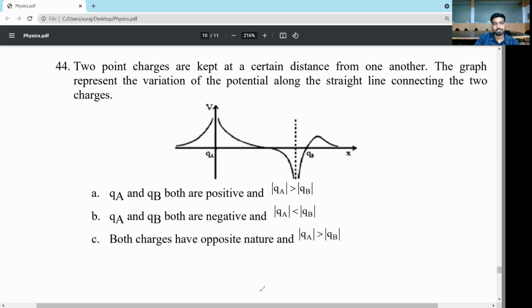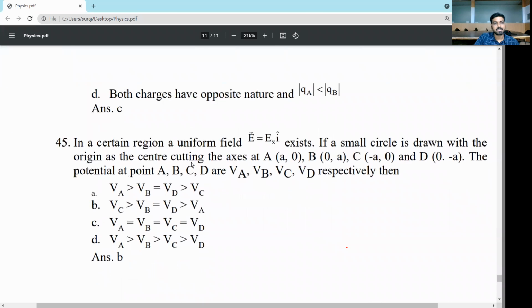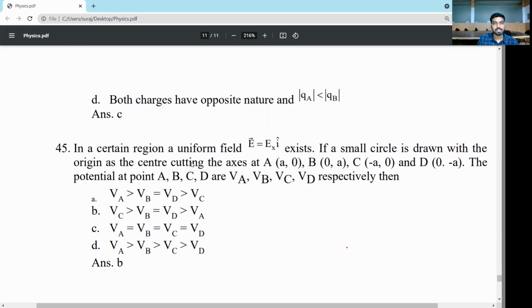Coming to 45. In a certain region, a uniform field E vector equals Ex i cap exists. A small circle is drawn with the origin at the center, cutting the axis at a, 0.